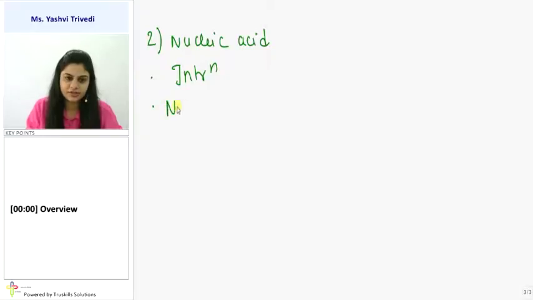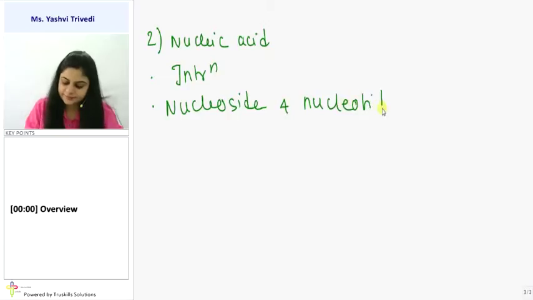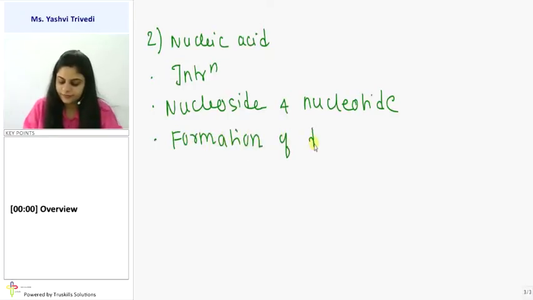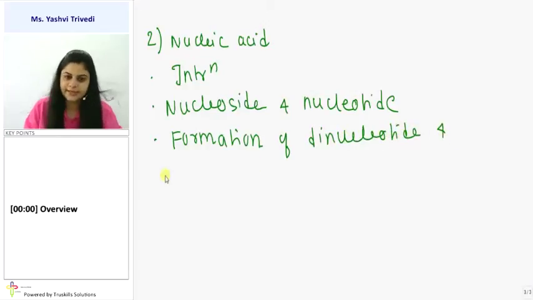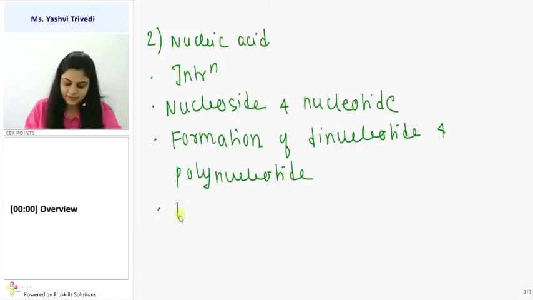Then we will see the structure of nucleoside and nucleotide along with the diagrams. Then we will see how there is the formation of dinucleotide and polynucleotide. Then we will see the structure of DNA, the two types of nucleic acid, that is DNA, and then we will see the structure of RNA.